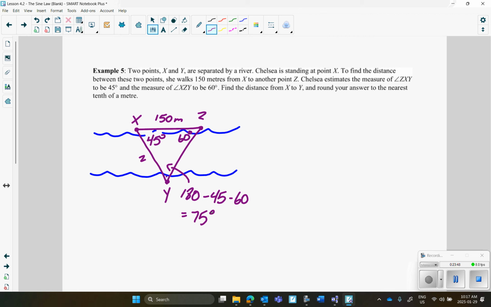Now I should be able to set up sine law. Anybody want to take a shot? z over sine 60 equals, and here's 150 over sine 75. Good.